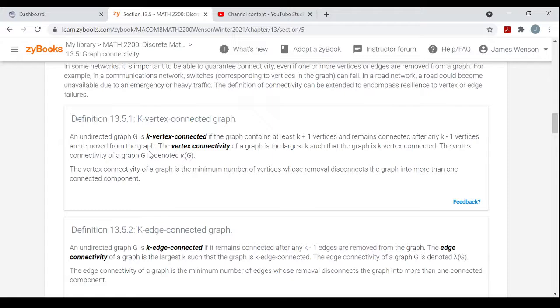So for instance, you could say any connected graph is one vertex connected because if you remove any 0 vertices, if you remove nothing from the graph, it'll still be connected. But we're going to try to find the largest value possible for k for any particular graph.